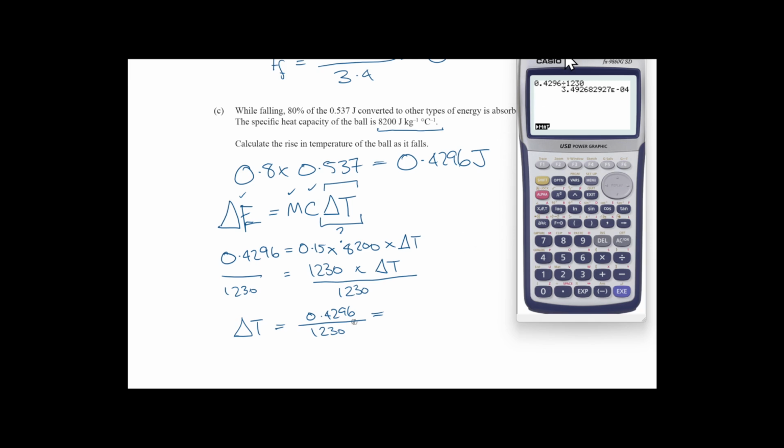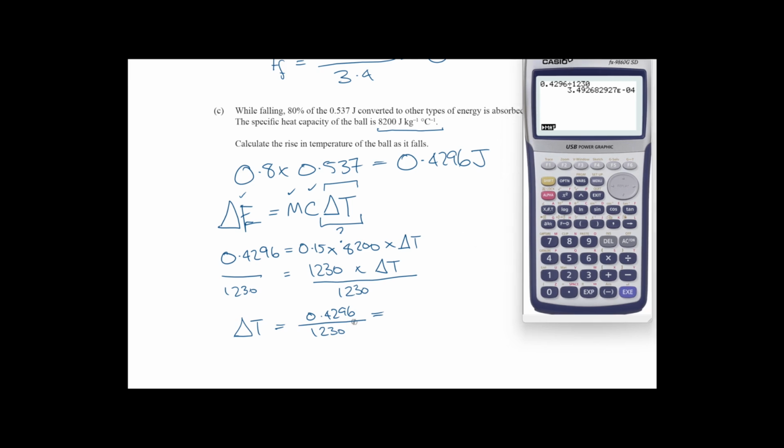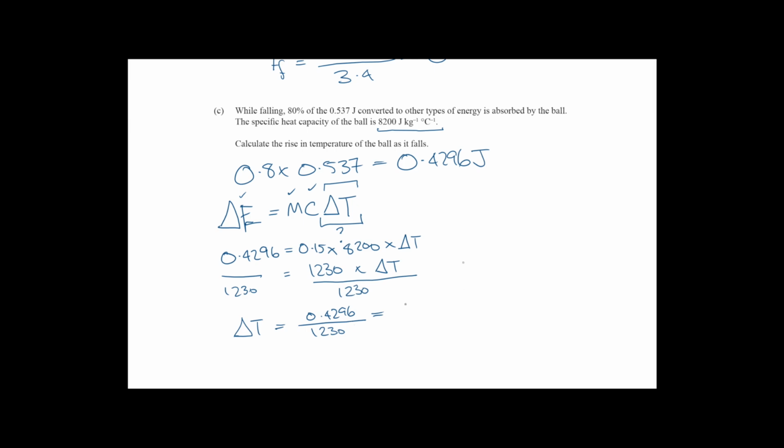So it's 3.493. It's like 3.49 times 10 to the minus 4 degrees Celsius change. So I doubt whether there are many instruments that will be able to measure that much change in heat.